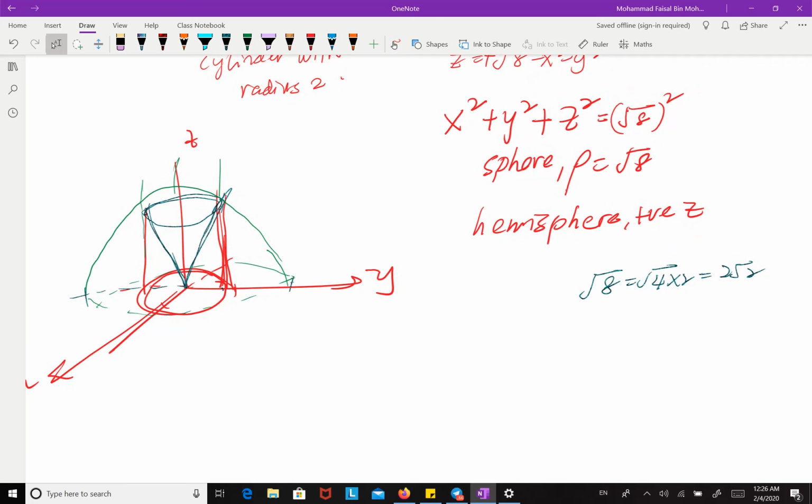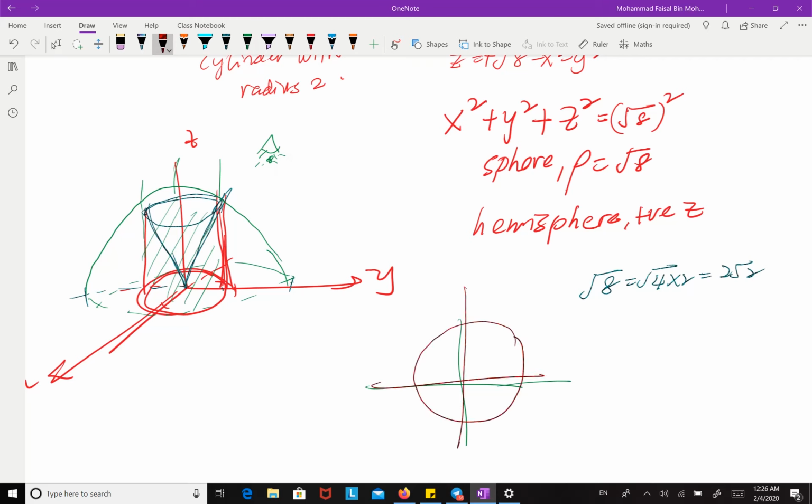If you put your eyes here and look from above, you see a circle. We just choose the bounded part, a circle with radius 2.